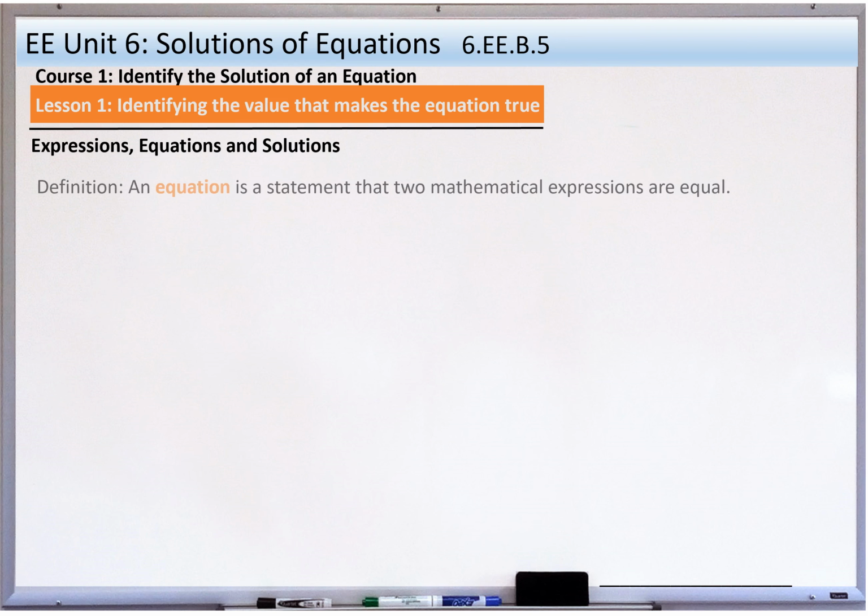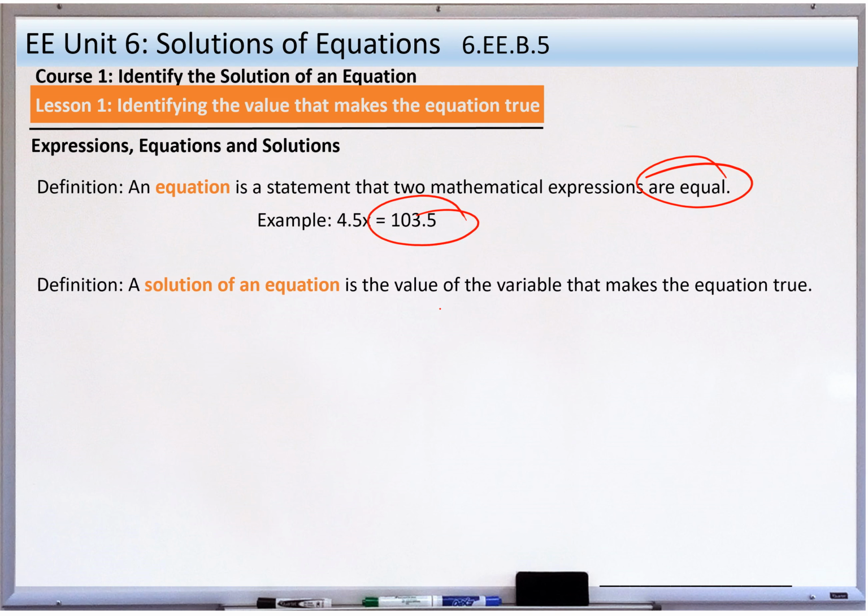Okay? So, definition. An equation is a statement that two mathematical expressions are equal. So remember, the difference between an equation and an expression is basically an equal sign. So for example, 4.5x is equal to some specific value. A solution of an equation is the value of the variable that makes the equation true.